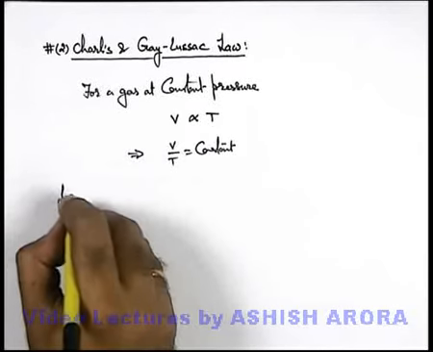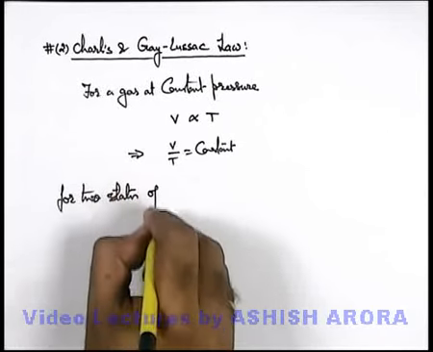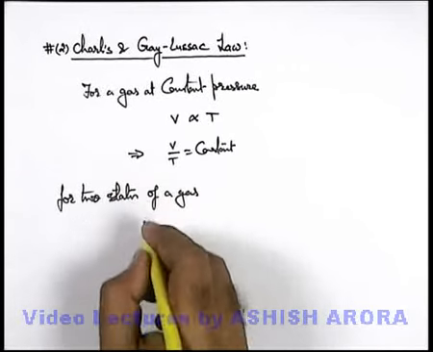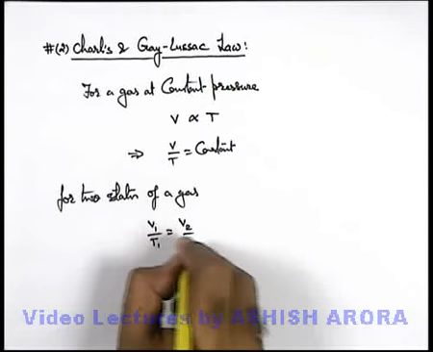And for two different states of a gas, we can state V1 by T1 equals V2 by T2.